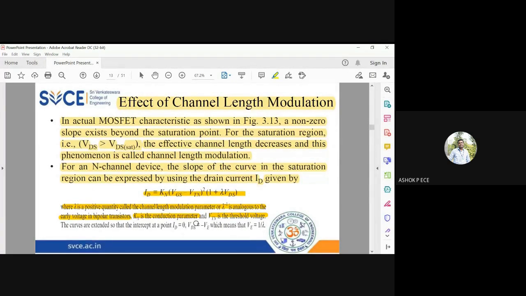So in this expression for ID, what are all the possibilities for ID to be zero? Can anybody say? You have a product of three terms, right? So when will ID be zero?